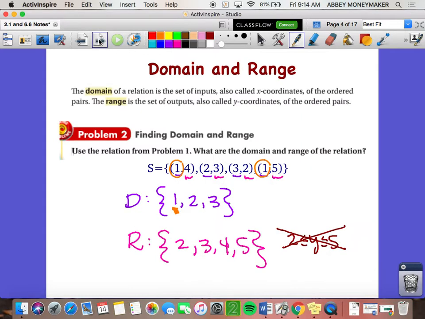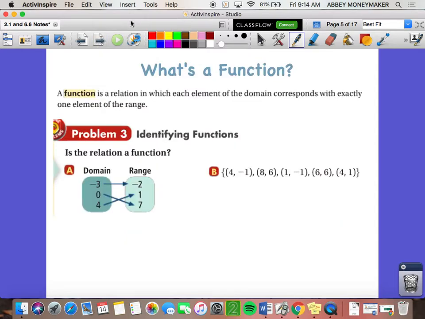Okay. Now that we've gotten domain and range cleared up, let's talk about what a function is. Now, you can be a relation and not be a function, okay? There is a test for whether a relation is a function or not. So a function is a relation. That's key. A function is a relation where each element of the domain corresponds with exactly one element of the range.